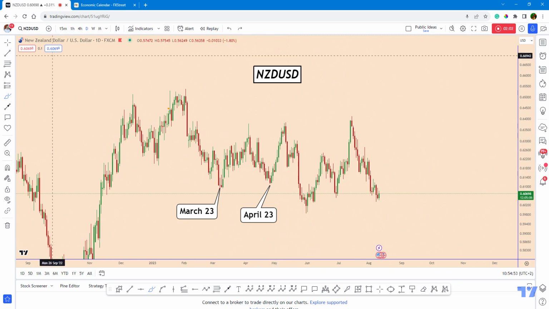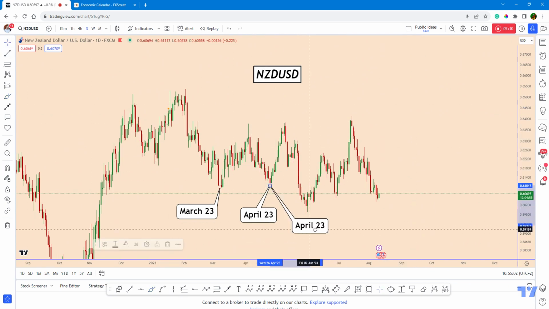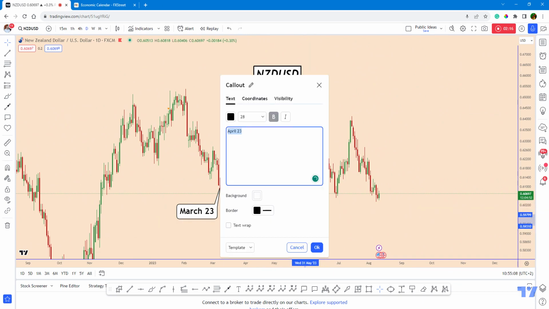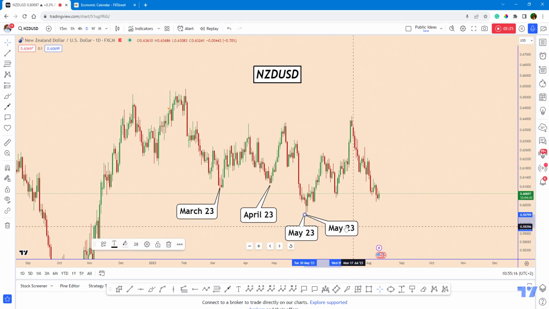And that is why we have to be careful, because probably it could be the cycle for the next bullish movement here. Let's see what is happening again. Where is this dating back? This is dating back to May 23. This is the end of May again. This is dating back to June 23.